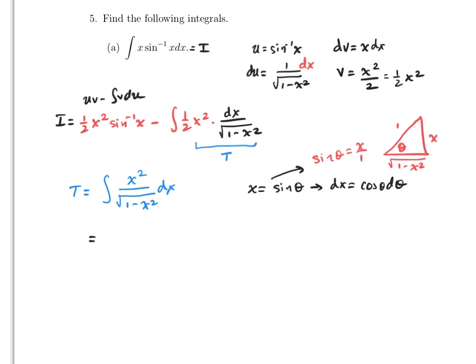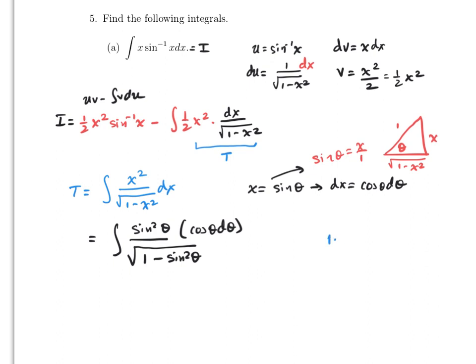So therefore, t is going to be the integral of sine squared, since x equals to sine. Dx is equals to cosine theta d theta. And this is the square root of 1 minus sine squared theta.